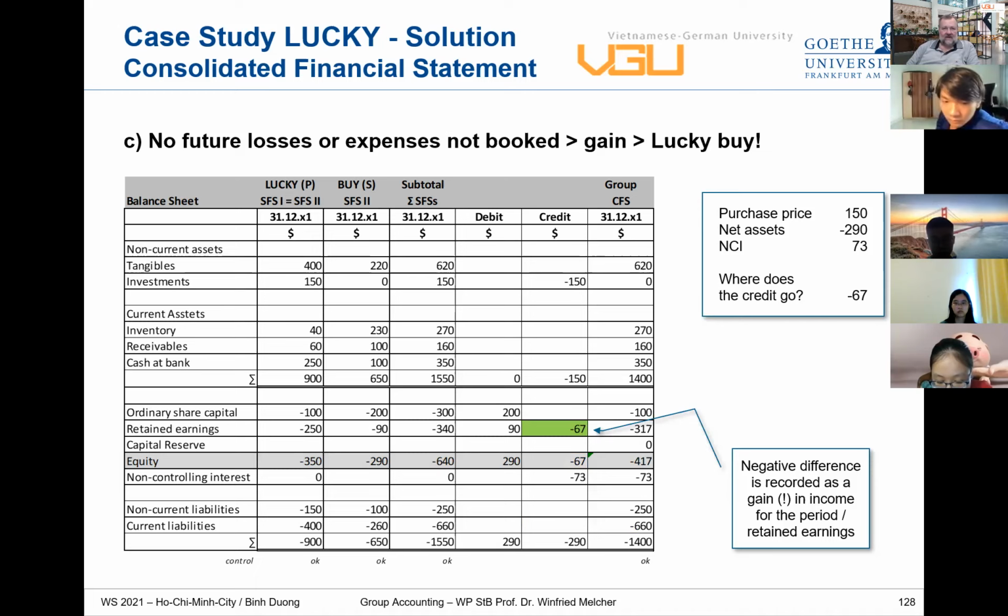And of course, as we have a double entry booking system, the retained earnings will go up by that amount. So in the end, you have retained earnings of 317. Oops, but now I see that non-controlling interest should also be within that. So never mind. Okay, and well, there we are.